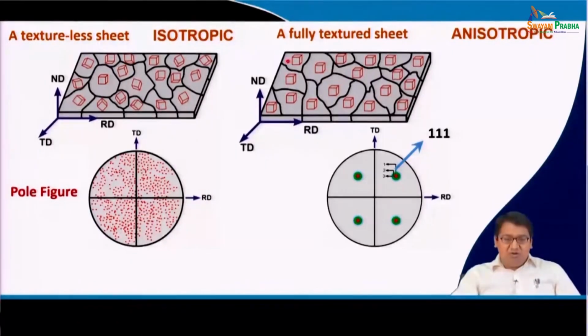Because of this kind of orientation in the microstructure, if this is RD and this is TD and this is ND, then you see that the 111 pole intensities become very strong at these points. When such a situation exists, the material is fully textured, and this is a totally anisotropic material with anisotropy in mechanical properties.